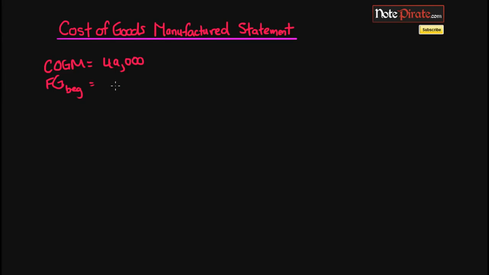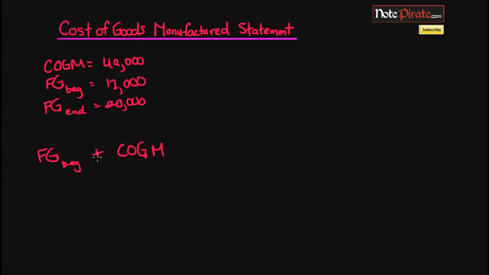We have finished goods beginning inventory. Let's say it's $12,000. And we have finished goods ending inventory, $20,000. Well, we're going to start off with the finished goods beginning and add any cost of goods manufactured. And if you think about it, cost of goods manufactured are just like finished goods.